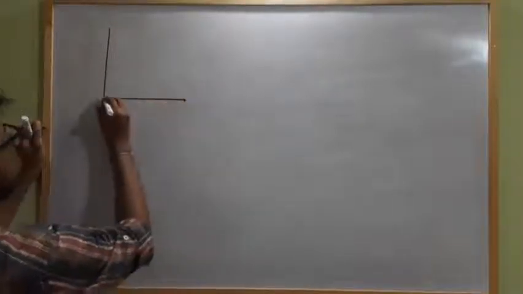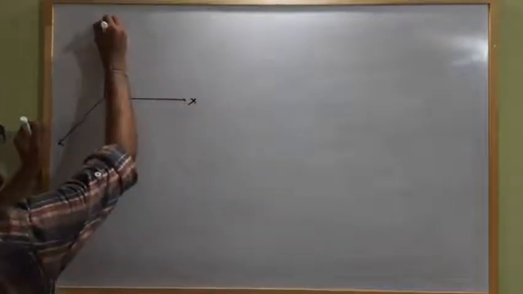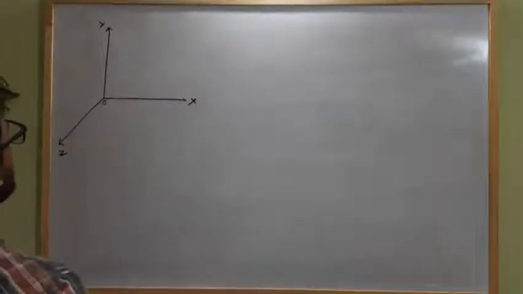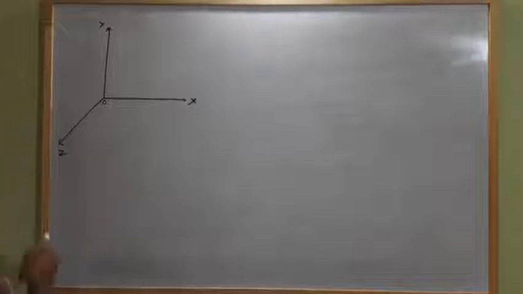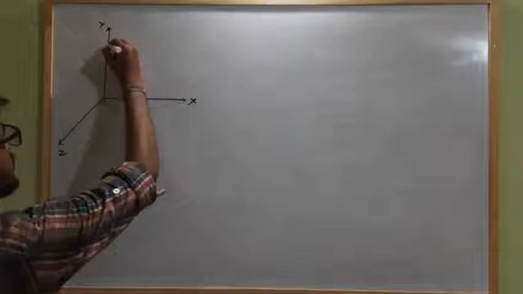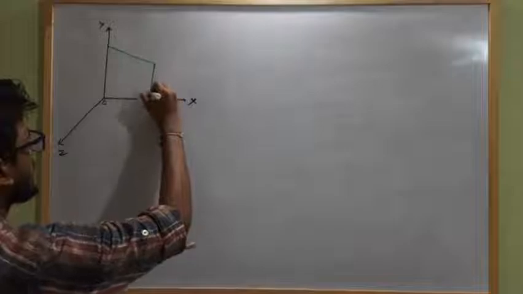Now this is x axis, y axis and z axis, origin O. Here is a plane surface like this, which is present like this.